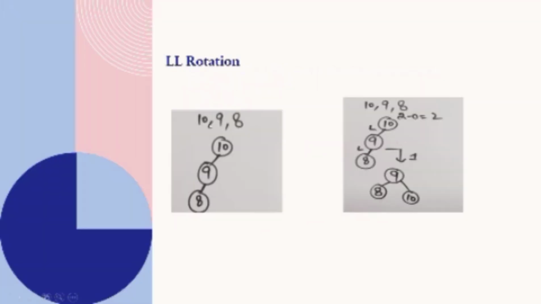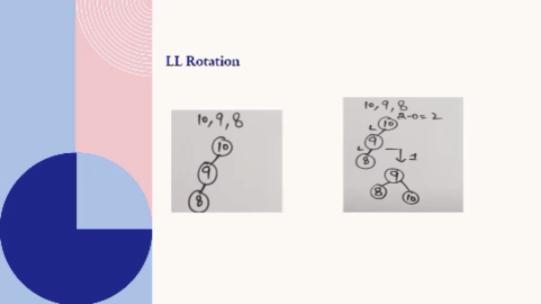Now the second such rotation is LL rotation. Here we have taken an example of three elements 10, 9, 8 which are arranged in a binary search tree fashion. If we observe the balance factor of the root node 10, it is 2 minus 0, which is 2, and is not acceptable, hence it is an imbalanced binary search tree or not an AVL tree.